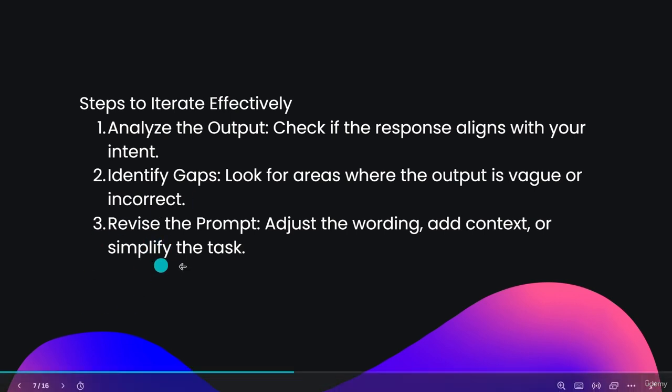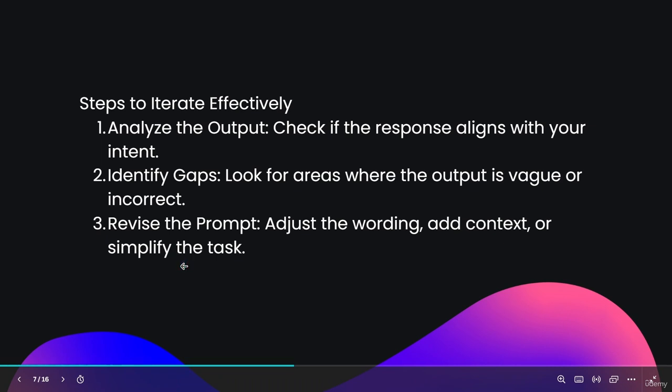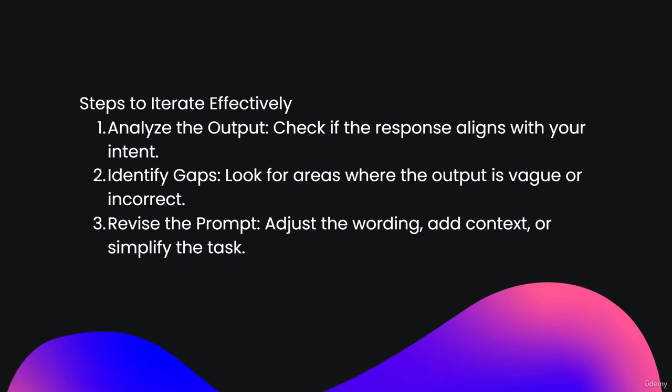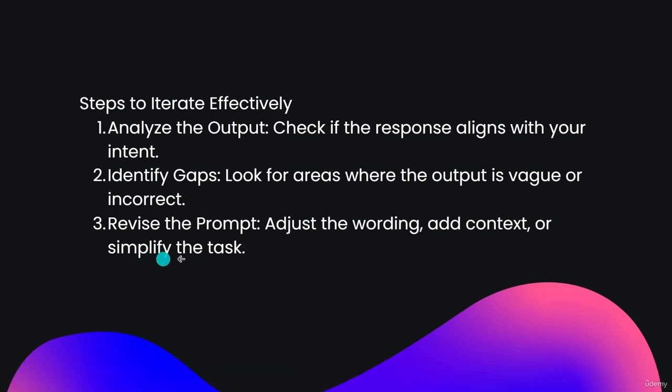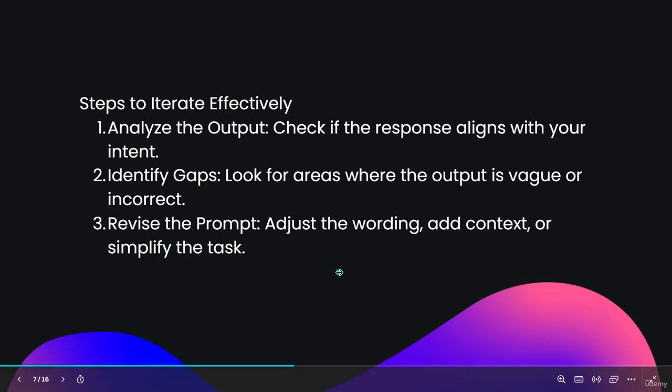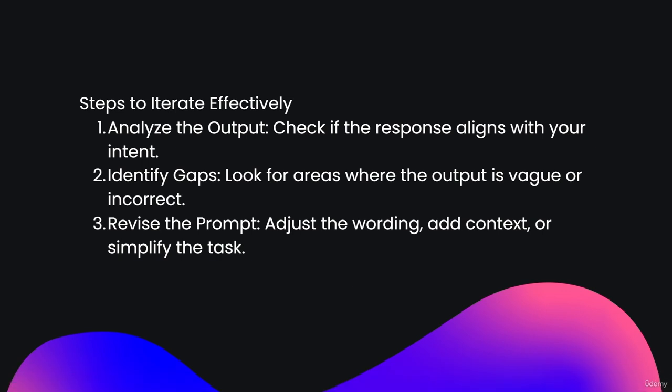After that, you have to revise the prompt. That means you write a follow-up prompt that is better than the previous prompt, to avoid the problems in the previous output. It can be easily understood by practical implementation and practice, so we will see that also. First, let's simply understand the steps.